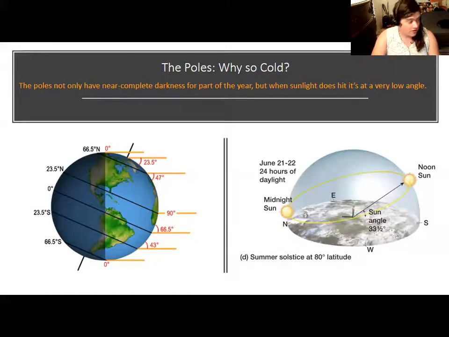The solar radiation is not evenly distributed across the Earth. This is one reason why both the Arctic and the Antarctic are so cold. Not at the same time of year, of course. In this diagram, you can see that the people in Alaska and Siberia are getting the midnight sun, but people in Antarctica, those poor people who might be wintering over there, are going to experience quite a bit of complete darkness.